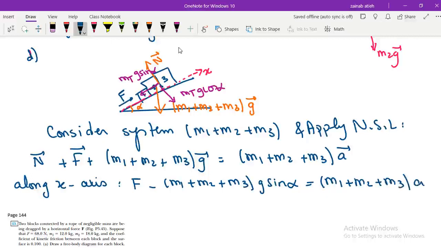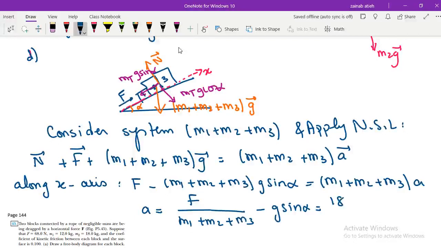Okay, I'm searching for a, so I'm going to divide by the total mass. So a equals F over m1 plus m2 plus m3, minus g sine alpha.